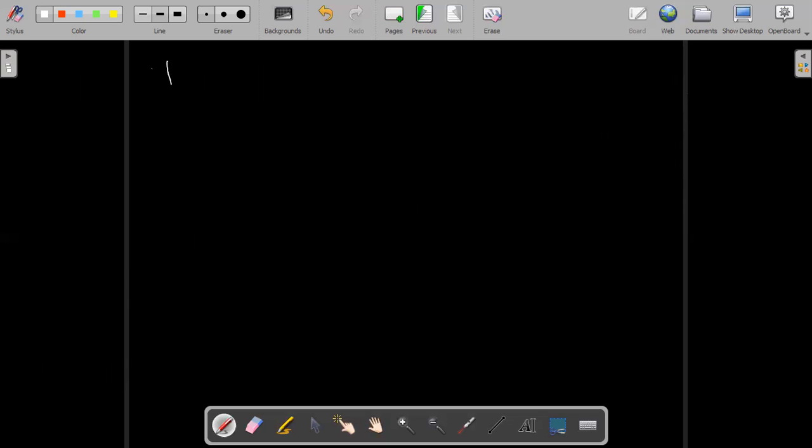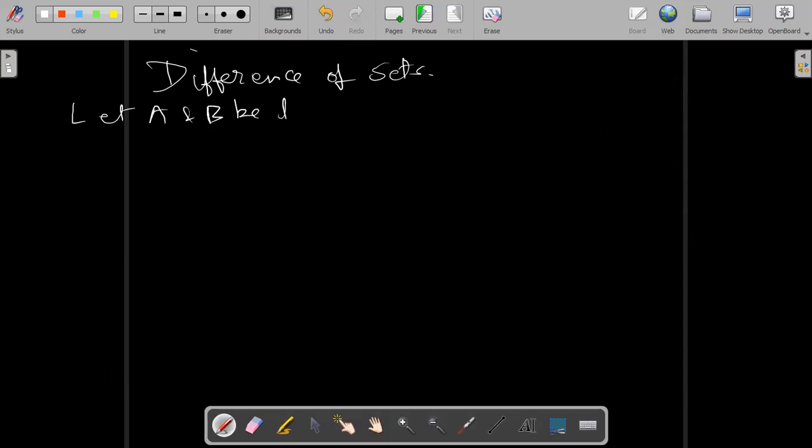Now we have to see what is the difference of two sets. Difference of sets means A minus B. Let A and B be any two sets.